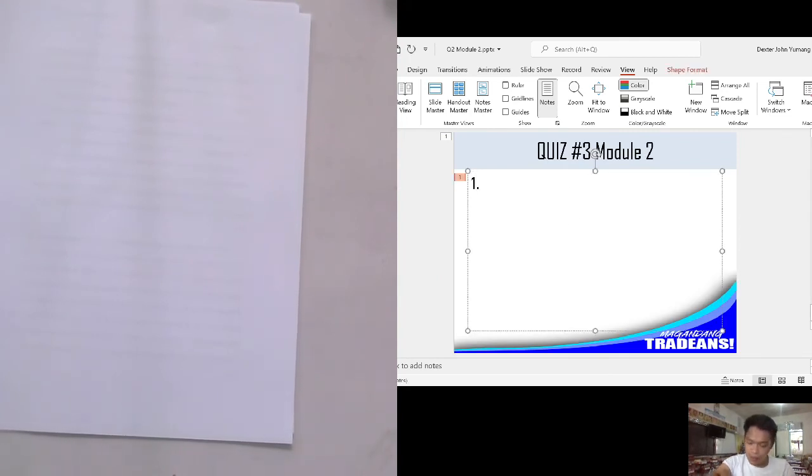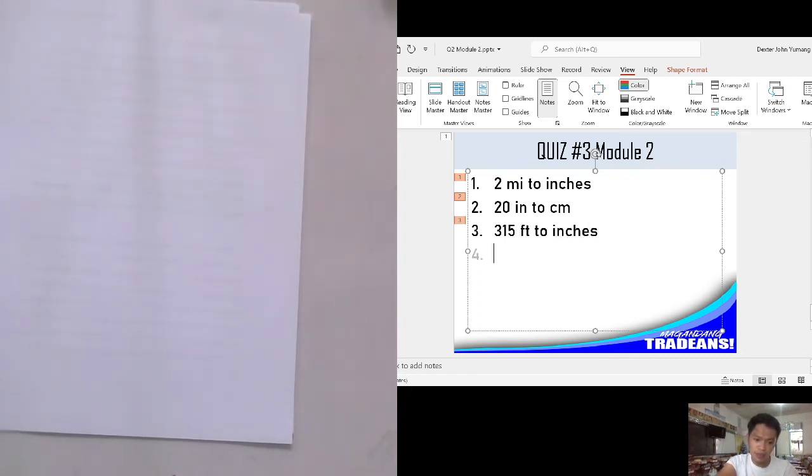For number 1, we are going to identify length, 2 miles to inches. Next, number 2, we have 20 inches to centimeter. Next, number 3 is we have 315 feet to inches.